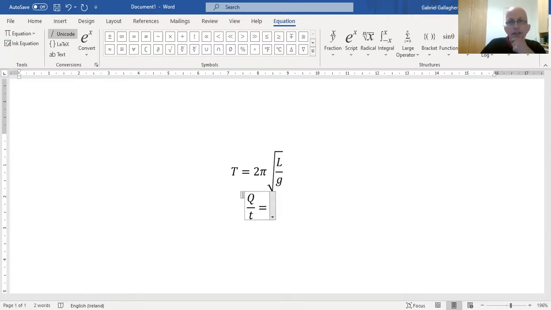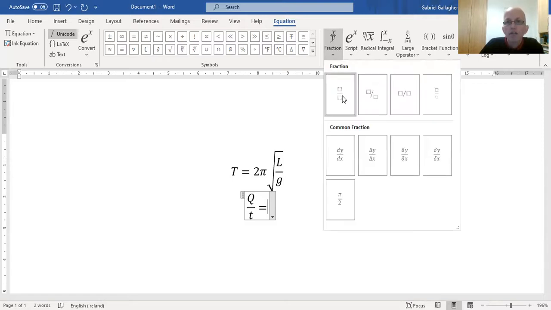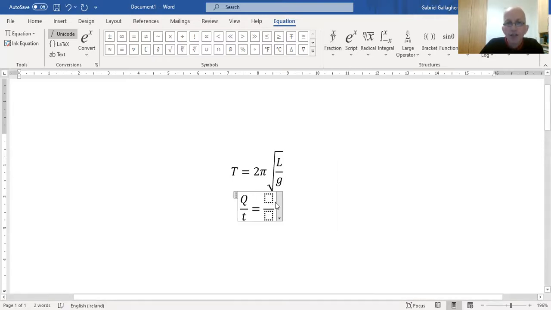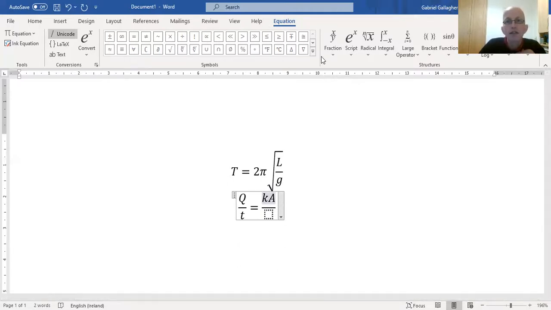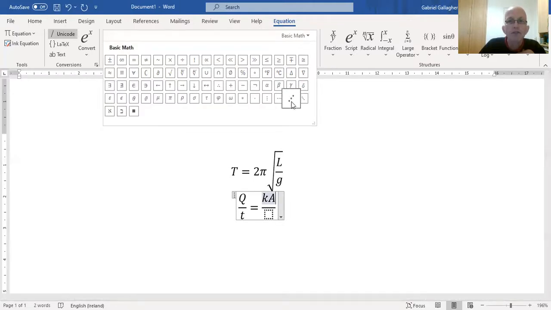The right hand side of this equation is also a fraction. So we create the fraction, and then fill in the top line, which is K A delta. Delta is another one of these commonly used Greek letters. So I can open out the basic math symbols up here, and it's labeled here as increment.